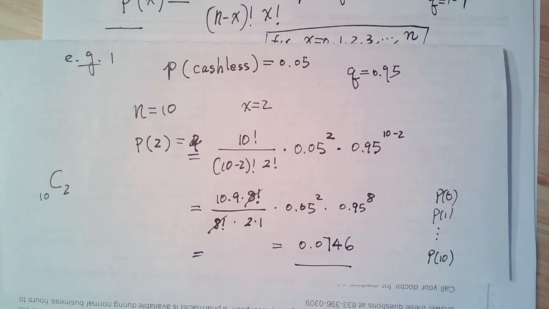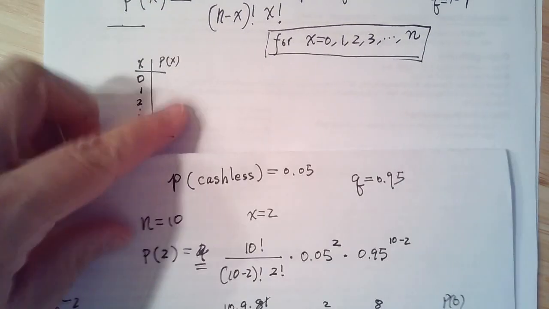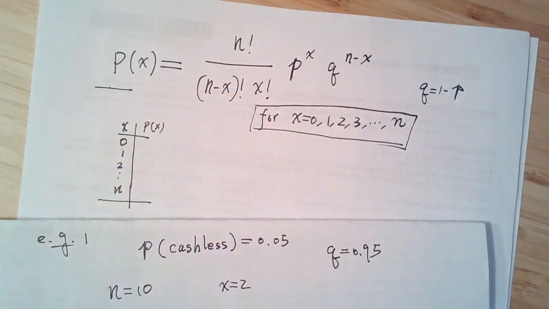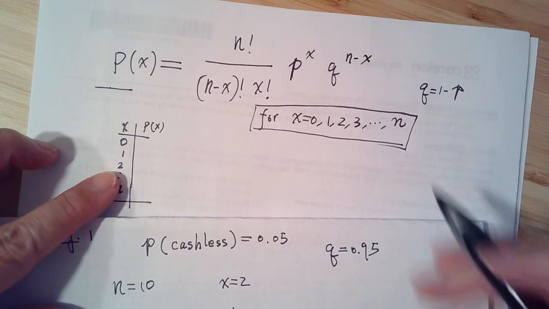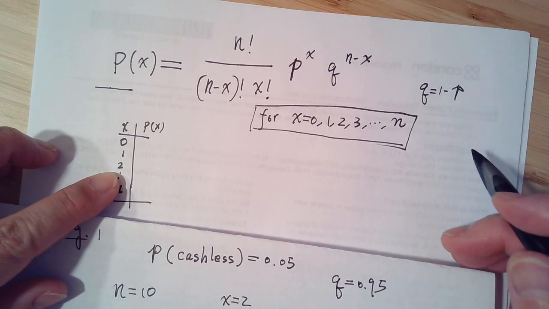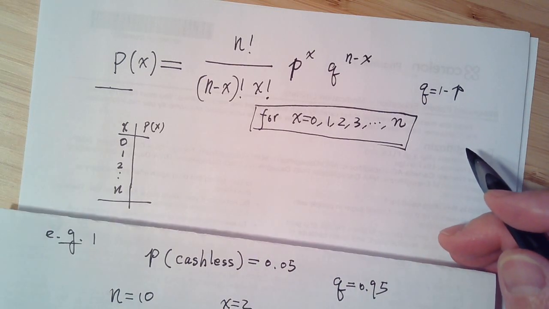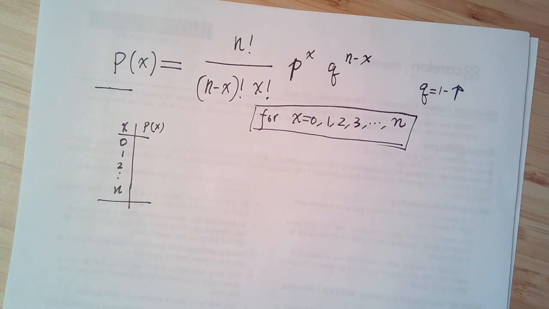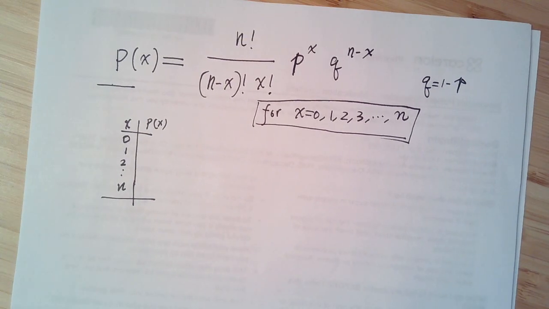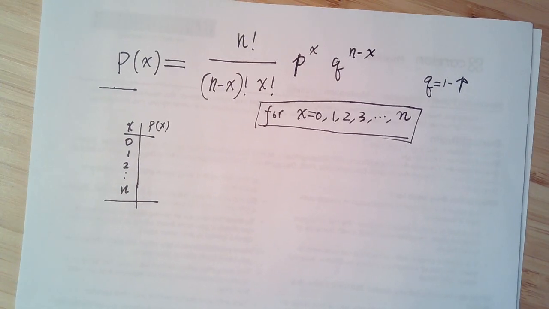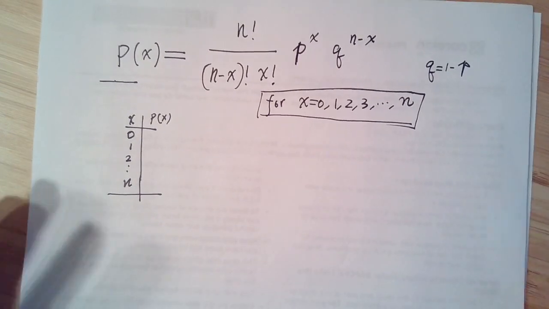Yes, just plug that into this beautiful formula, right? So you can find that. So far we know P of 2 in our situation is 0.0746. So that is the binomial probability distribution. Okay, now you might want to ask, what happens when n is 20?